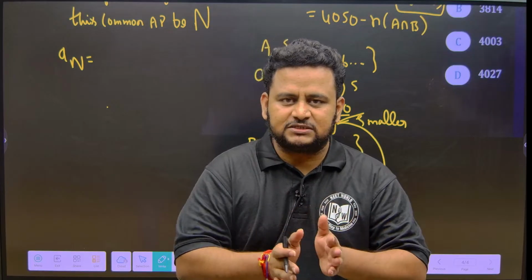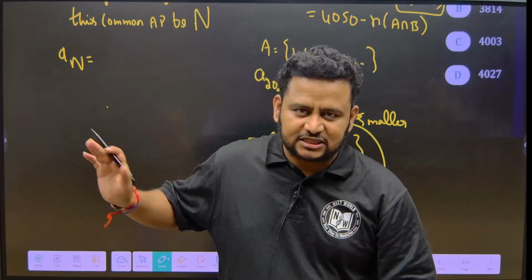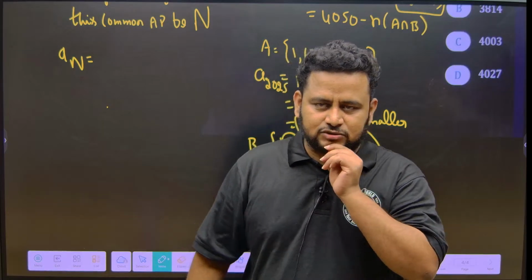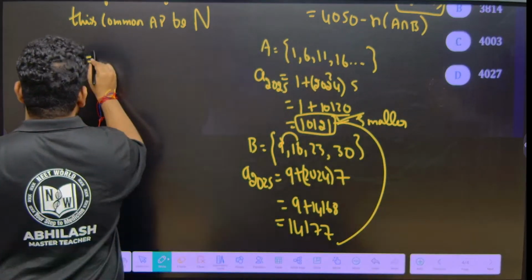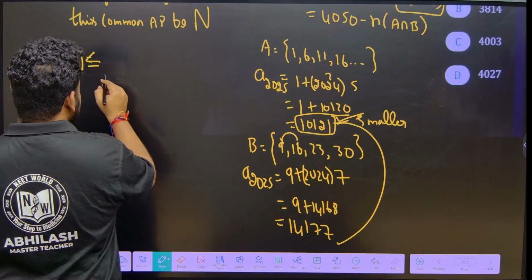Out of those two APs, whichever AN is smaller, the common AP's term will be less than or equal to that also. So this AN will be less than or equal to what?